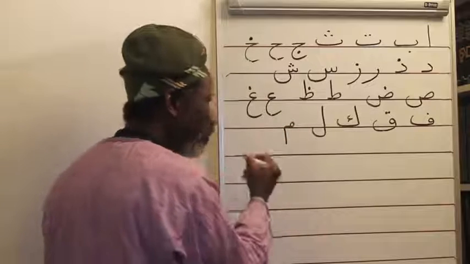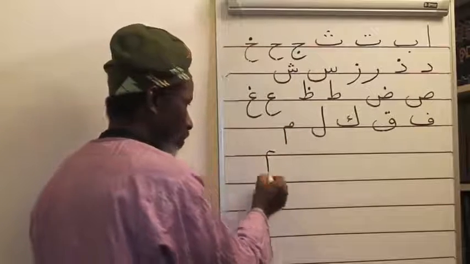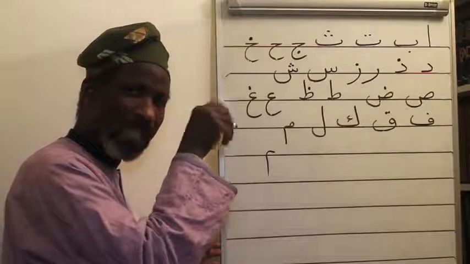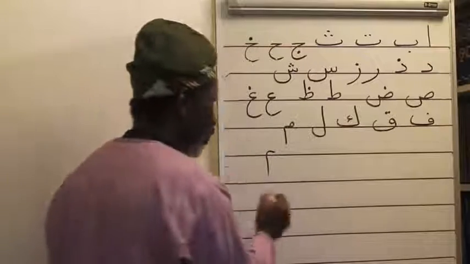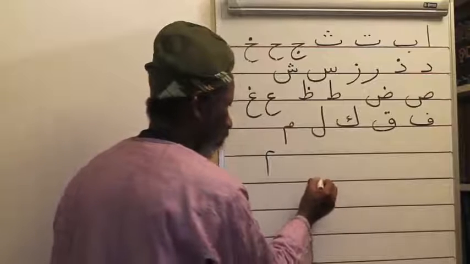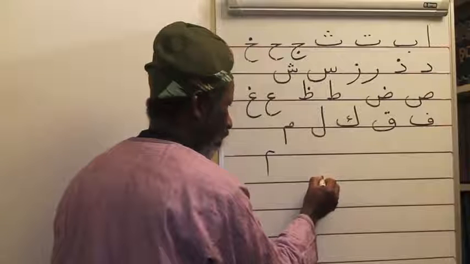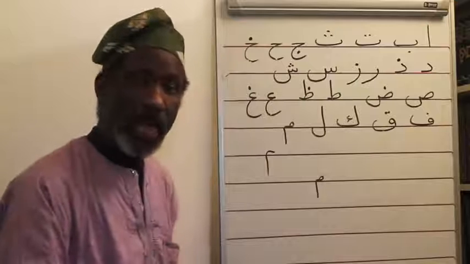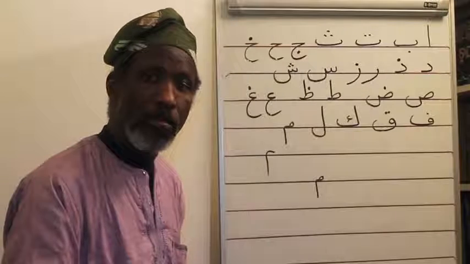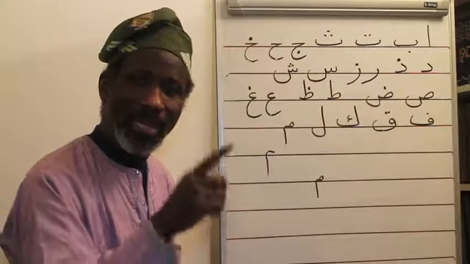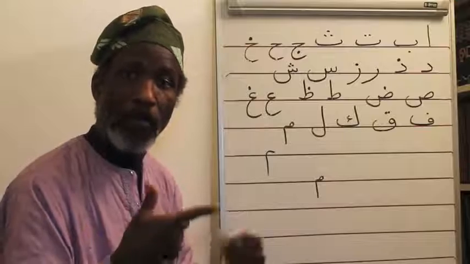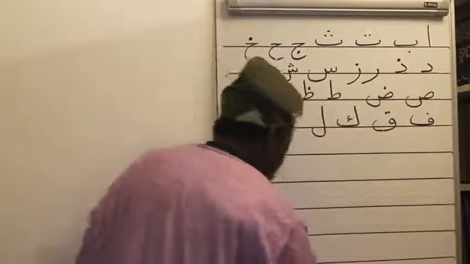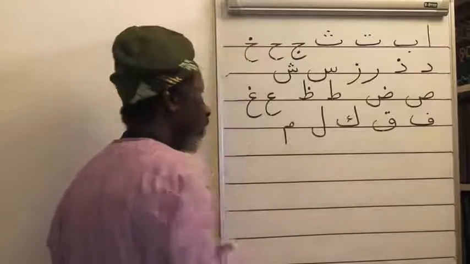So the last movement is this drop, except that you are starting from the top, doing the head first. One more time. You go right, clockwise, and drop. And that's your Mim. Mim, like M-E-E-M. So we have Lam, Mim.